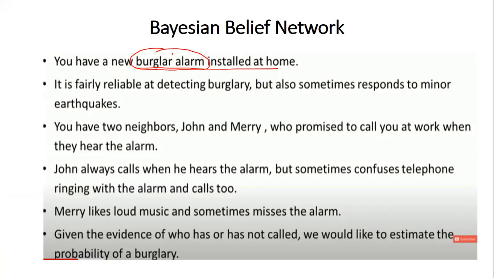So basically it will identify thefts. When you are not in the house, if somebody is moving inside the house, then this alarm, which is basically a sensor, will identify it and create some noise.